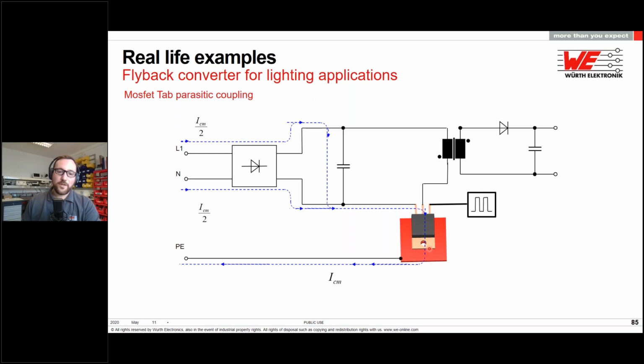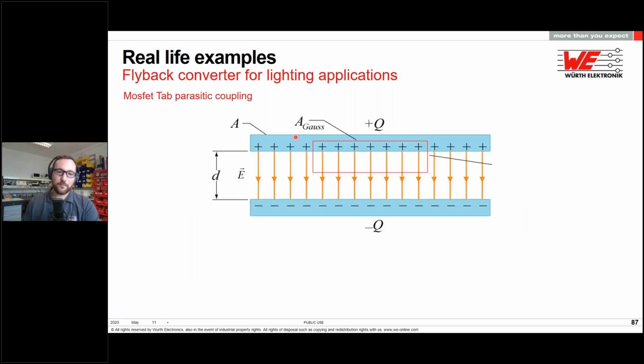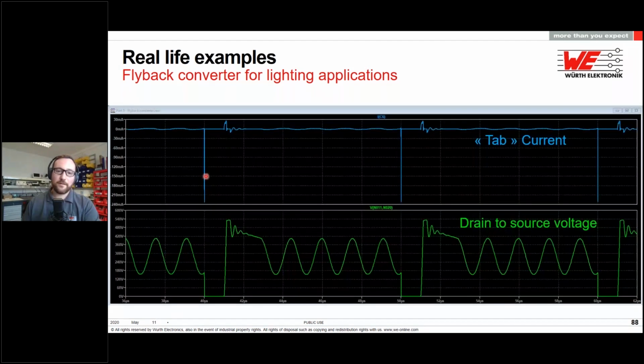So how do we calculate and model this? Basically, we have to make the capacitor equations between the heatsink and the tab of the MOSFET, which is tied to the drain voltage, one of the noisiest in a flyback converter. So we have the area, we have the distance, and we can define the capacitance value. So this is, for example, what happens.